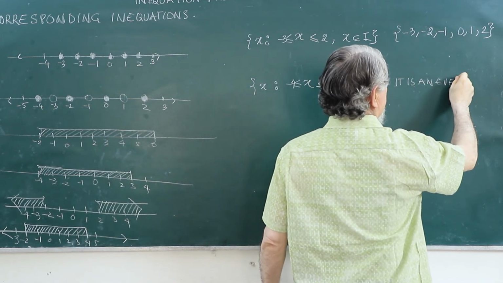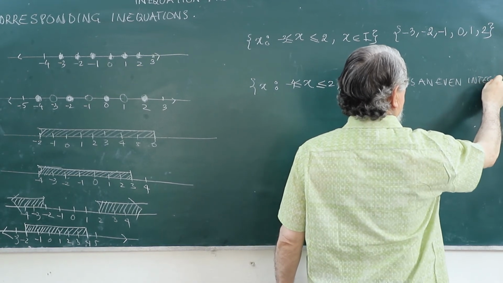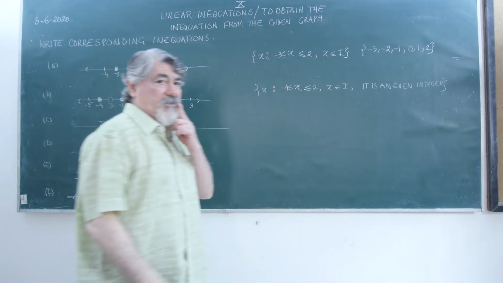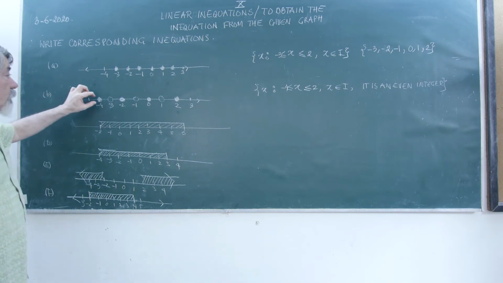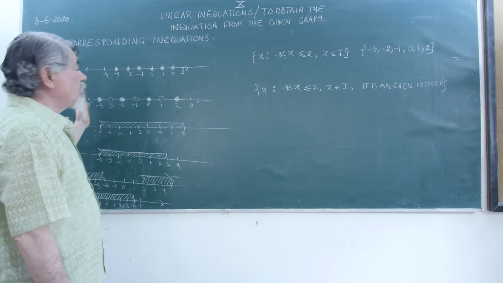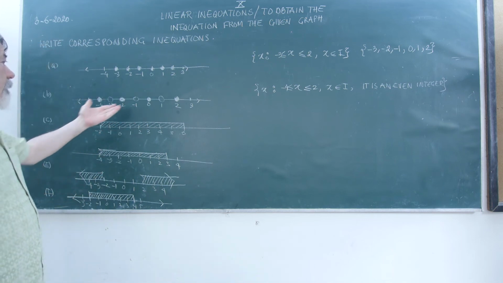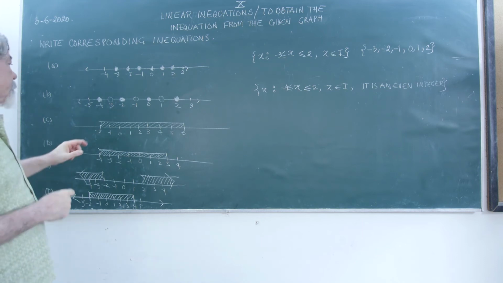It is an even integer, because odd integers are not taken as a part of that. So you have to specify, because we are talking of minus 4, minus 2, 0, 2. These are all even. They are exactly divisible by 2. 0, of course, can be odd also, can be even also, can be anything.